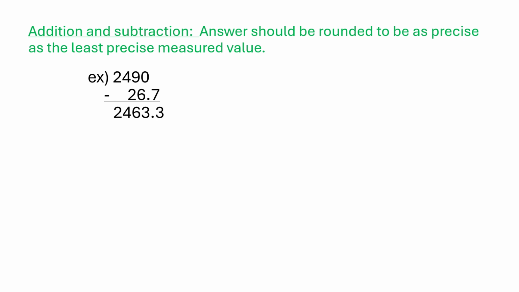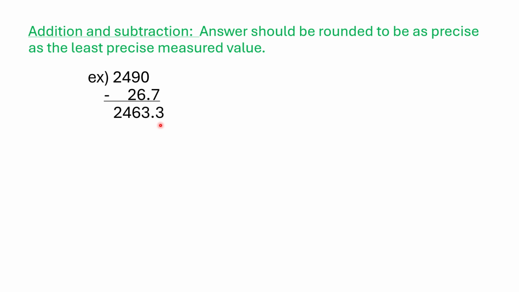So the problem, though, is I am limited by whichever number is less precise. And by less precise, I don't mean how many sig figs it has. That rule was only important for the multiplication and division. When we're doing subtraction or addition, it's not about how many sig figs we have. It's about how precise our numbers are.